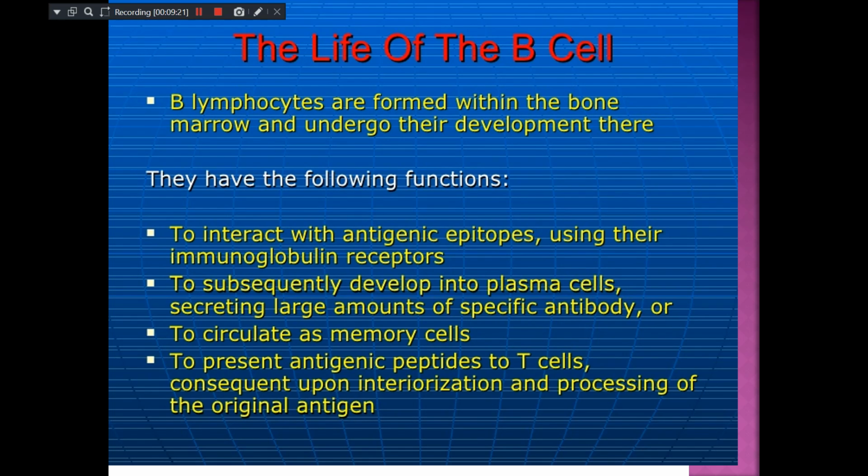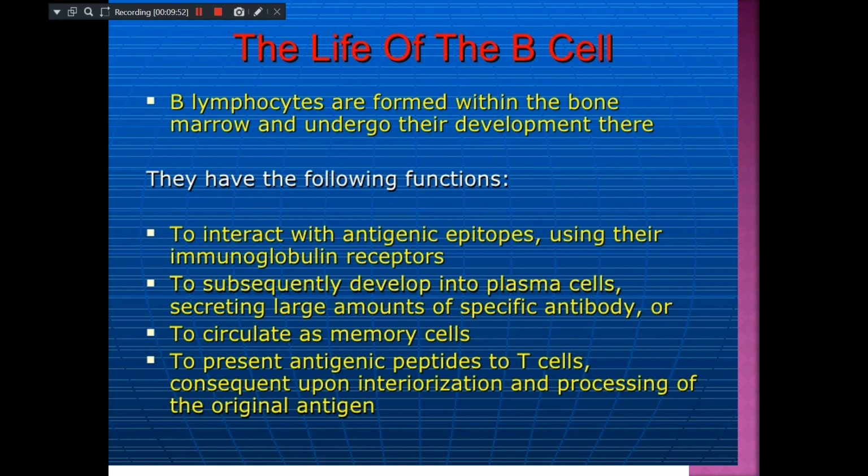And once they bind with the antigenic epitopes, this B lymphocyte develops into plasma cells. And once they are developed into plasma cells, these plasma cells will release a large amount of specific antibodies, specific in the sense specific to the antigen from which it has been formed. That is one thing. Or otherwise, they will circulate as memory cells.